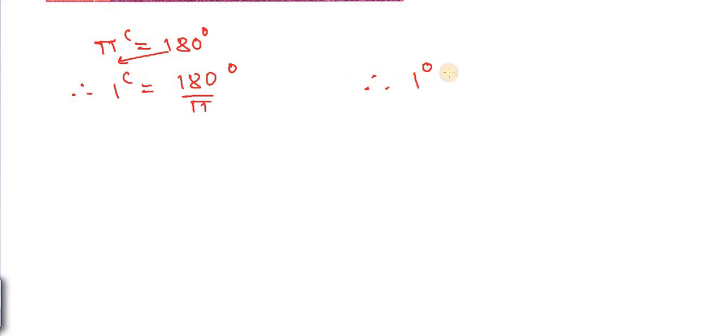So just now we have derived that pi radian is equal to 180 degree. Now I will try to convert radian into degree and degree into radian. For that, shift that pi to right hand side. So we get again 1 radian equal to 180 by pi degree. If you will shift 180 to left hand side, the relation that you will get is 1 degree is equal to pi by 180 radian.